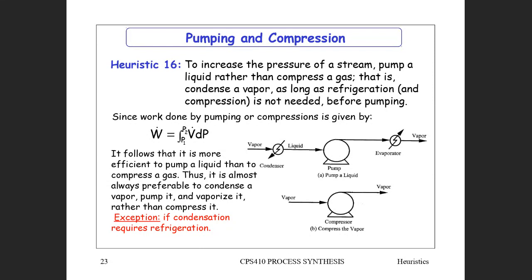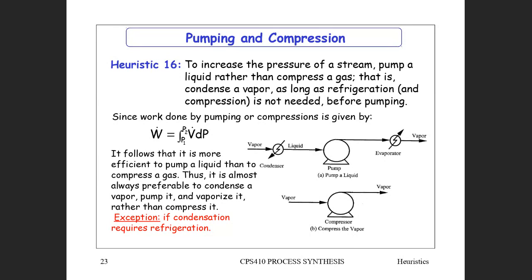So in general, with design, you try and compress once. In other words, you will have the highest pressure at the start of your process, and you will have distillation columns going from the highest pressure down to the lowest pressure, so that you only have to compress once.